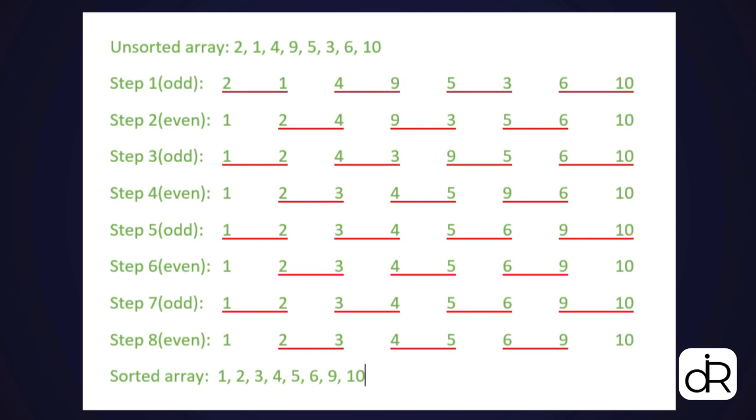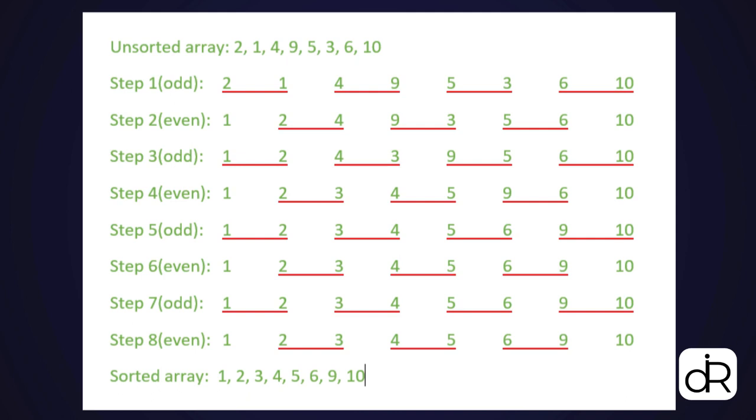And 9 is greater than 3, so we're going to change them, and we're going to see that the result in step 3 becomes 3 then 9. 4, 5 and 6 are already in place, nothing happens. So that's how this odd even sorting works.